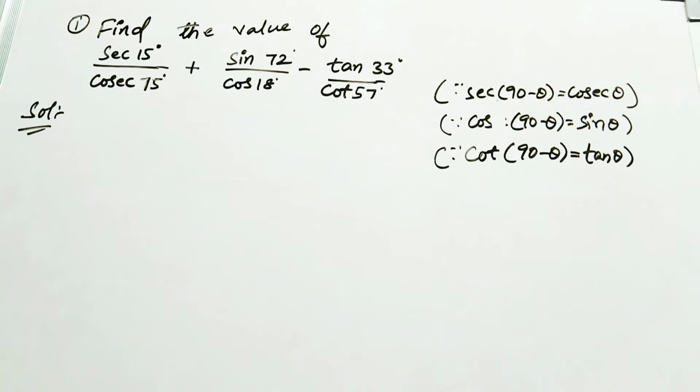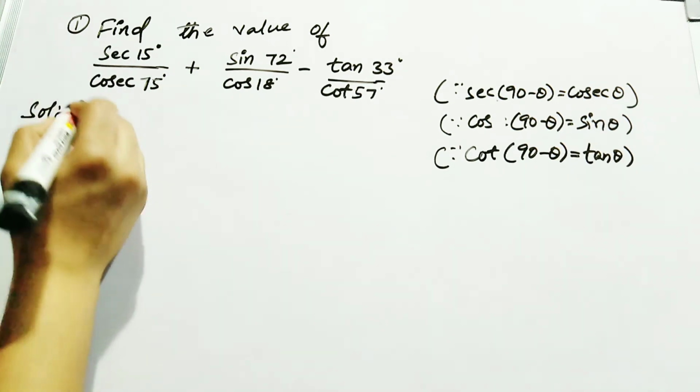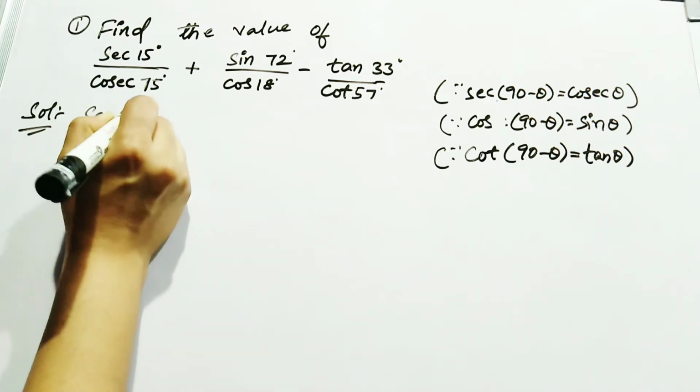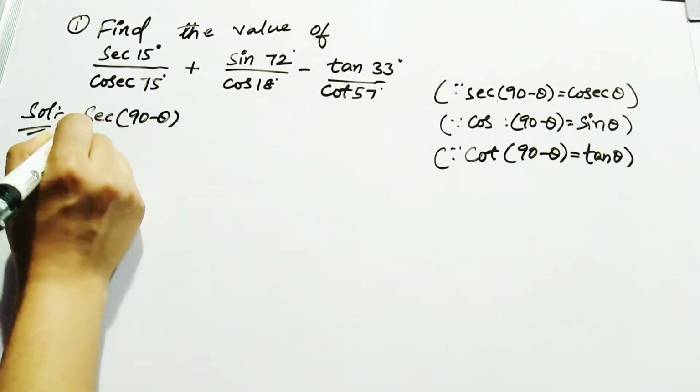This is nothing but sec theta. This is cosec 75. You can convert sec 15 as sec 90 minus theta. Sec 90 minus theta.